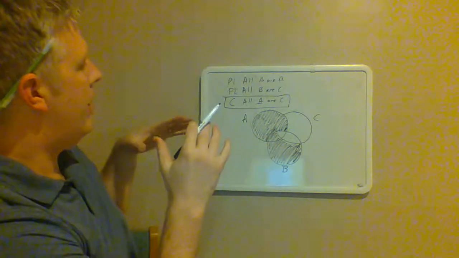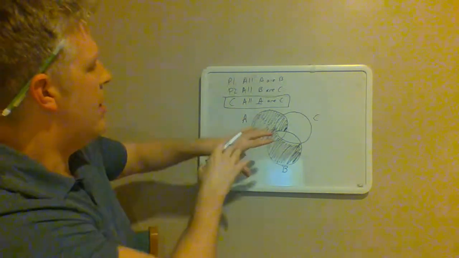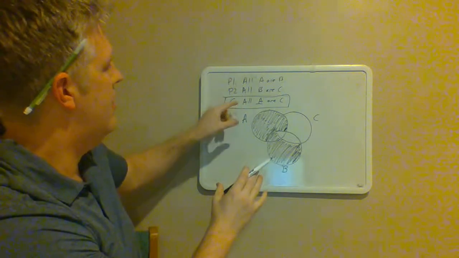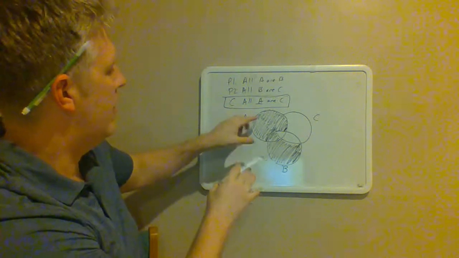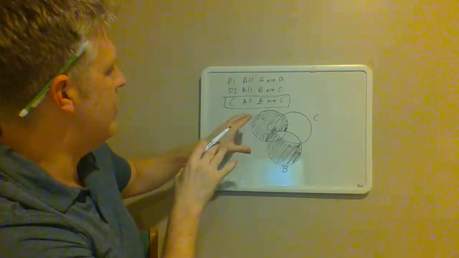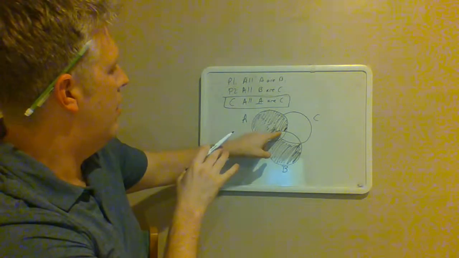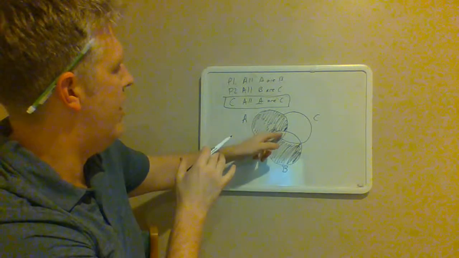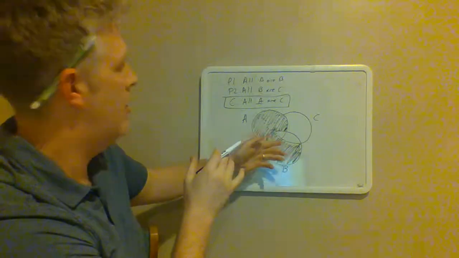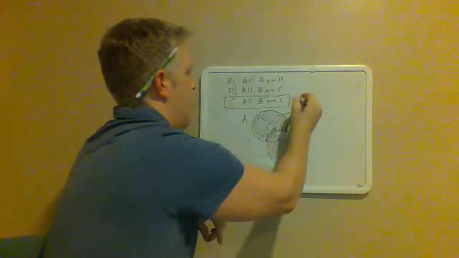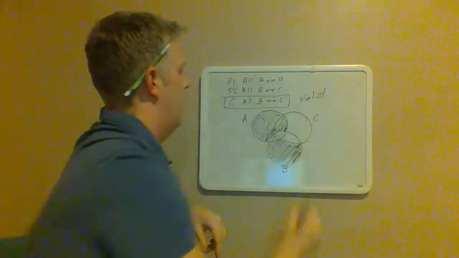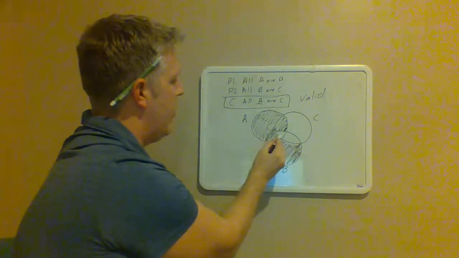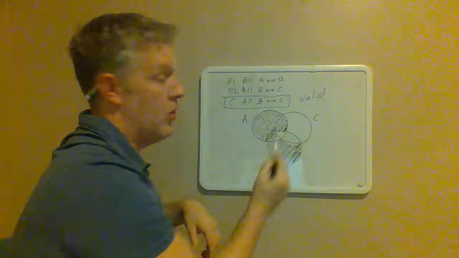Now we step back and ask ourselves, in this diagram of the premises, is the conclusion implied? Can we tell simply from diagramming the premises that all A are C? Here's the only place where A's can be, and it turns out they're all C's too. So this is a valid argument. The only place it can be an A is also a C, hence all A's are C's.